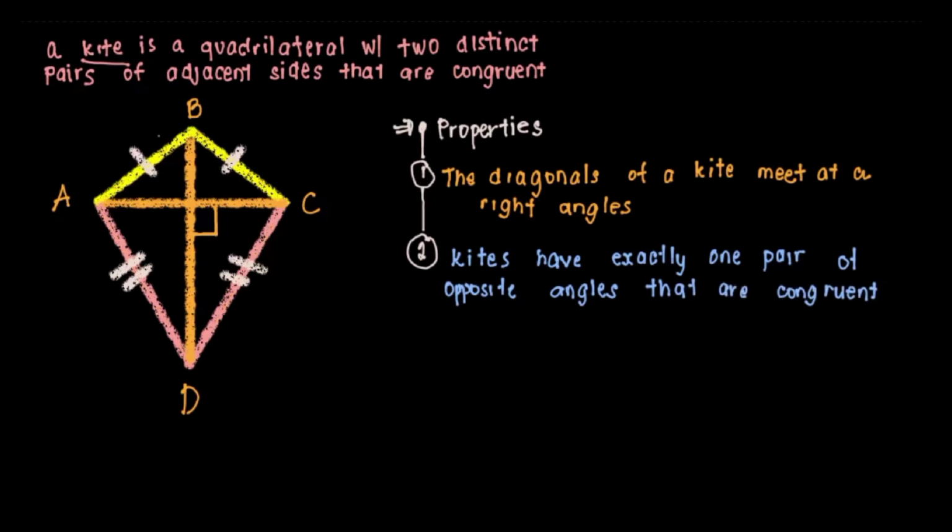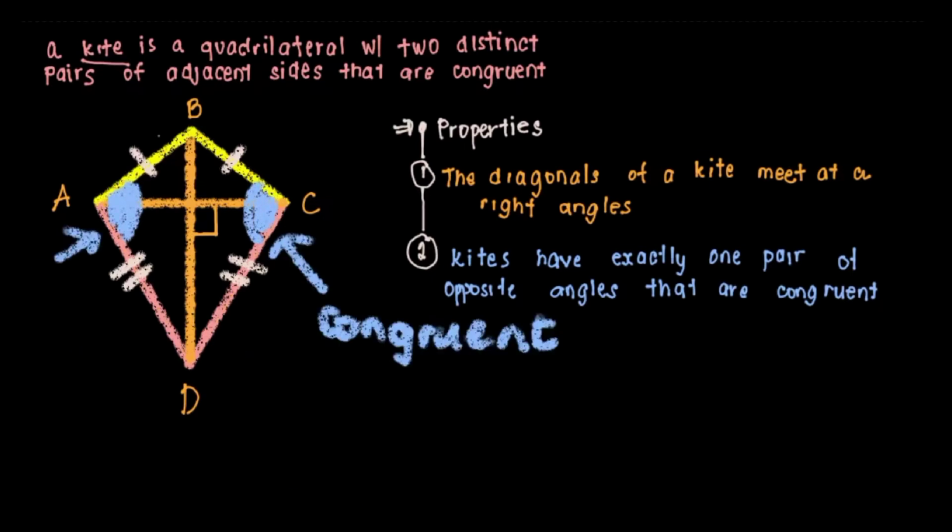Meron tayong angle ABCD. Alin dito yung isang pair na congruent to each other. So, let us use angle A and angle C. So, based on the properties, these two angles are congruent to each other. So, maliwanag na they are congruent.